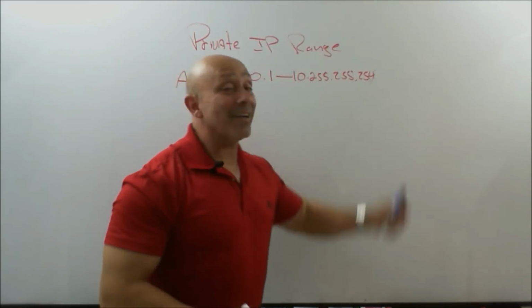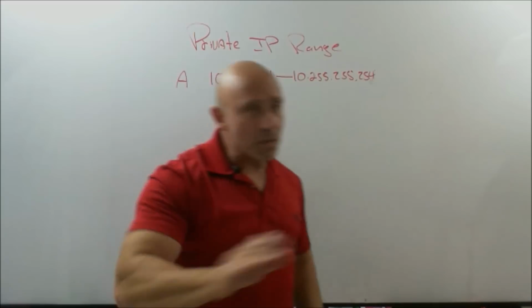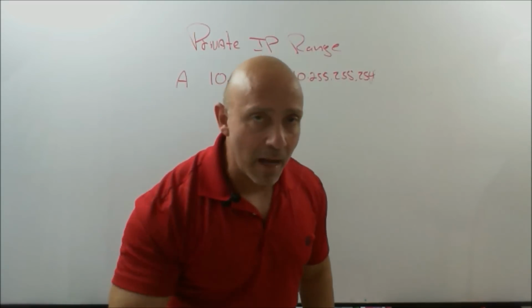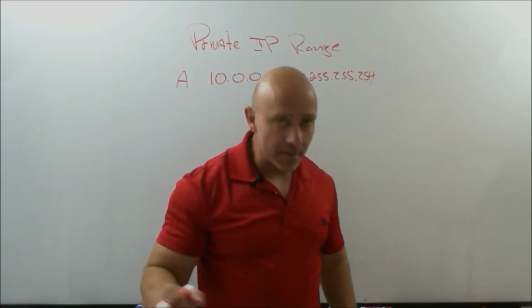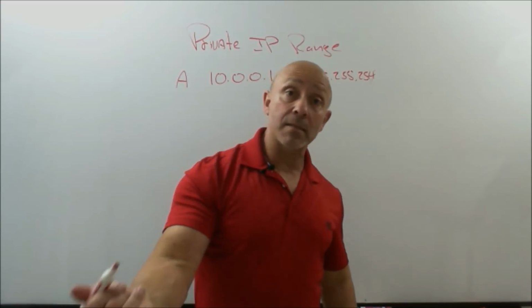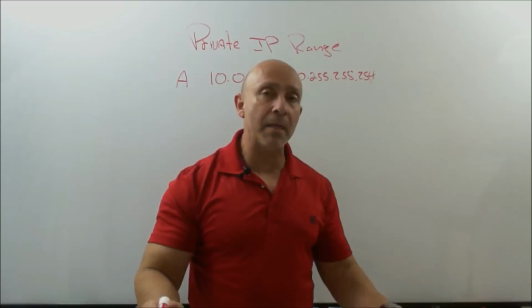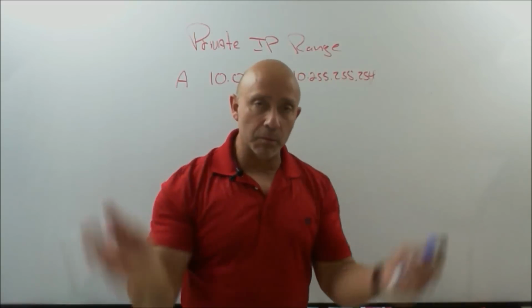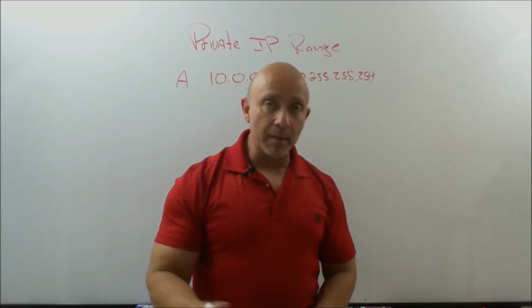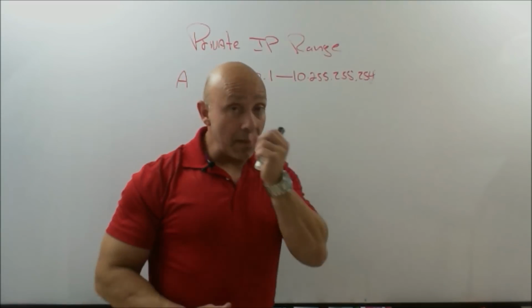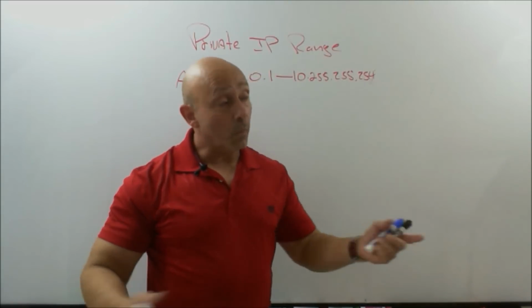So the entire Class A range, anything you see with a 10 at the beginning, that's a private IP address. It cannot be routed onto the internet. Cannot. Unless you have NAT to do the translation to a public IP. Only public IPs can sit on the actual interface and be able to go out to the internet. Private IP addresses in a Class A like this cannot go onto the internet without using NAT.